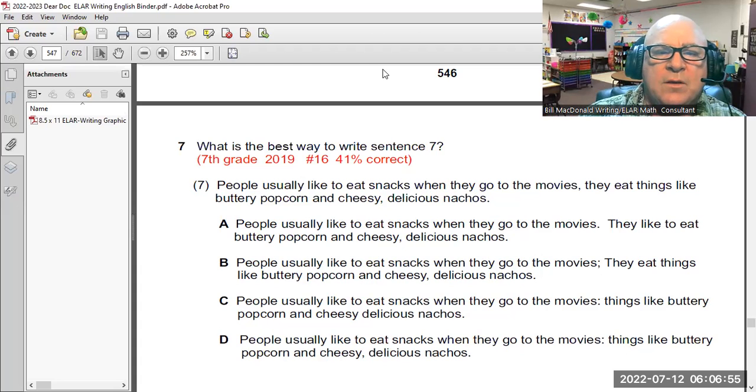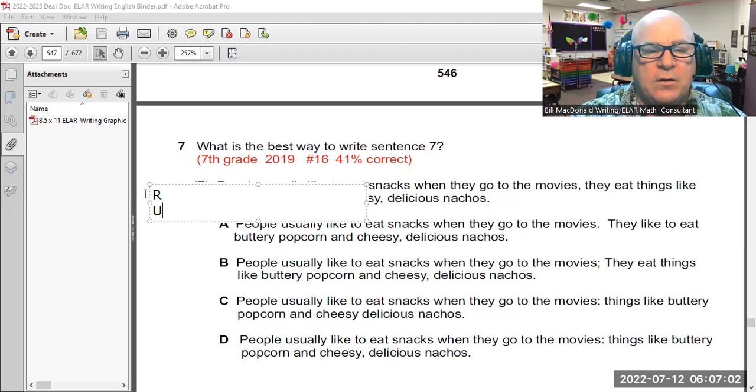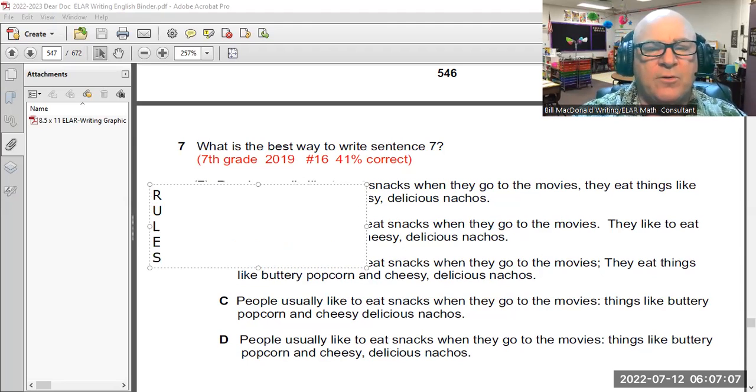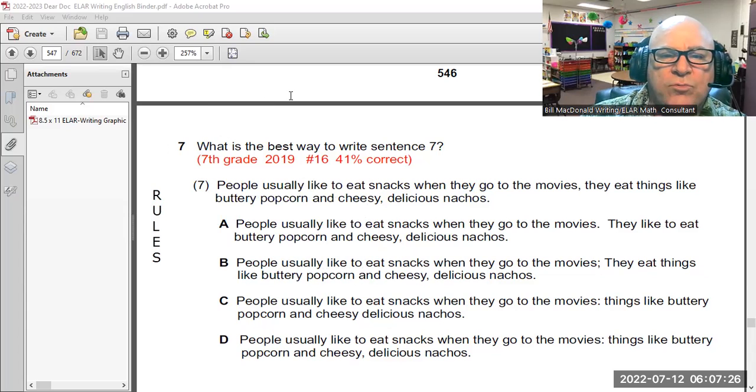We'll do our annotation. I either have them write rules on the side, if whatever program you're using allows for it, which is to read, underline, label, eliminate, and select. Read softly or loudly. In testing situations, you want to read softly with a whisper phone, or just softly so that only you can understand. So let's read the question.